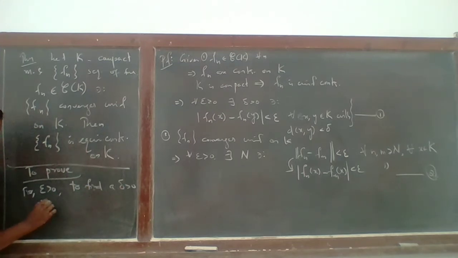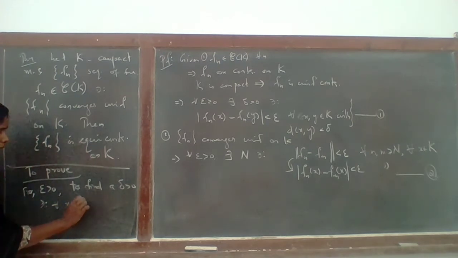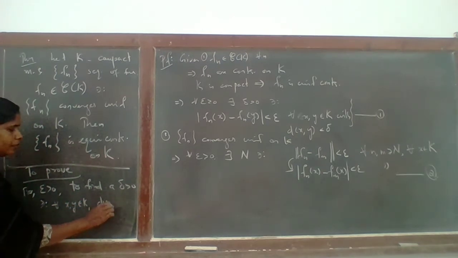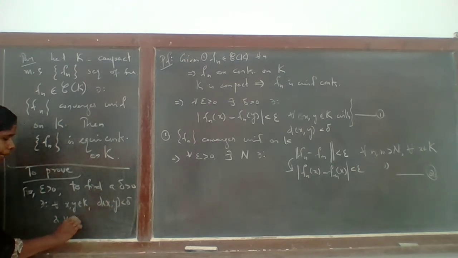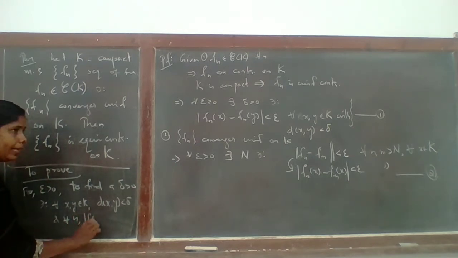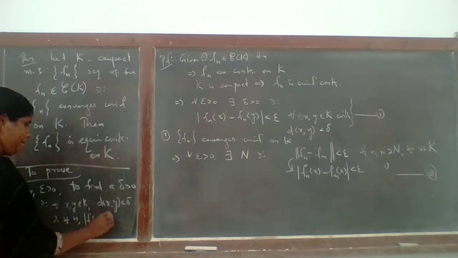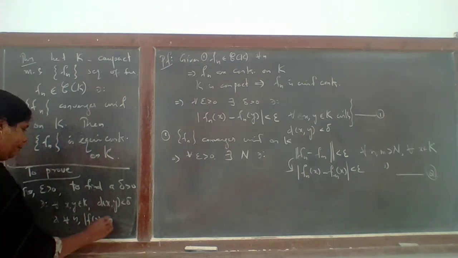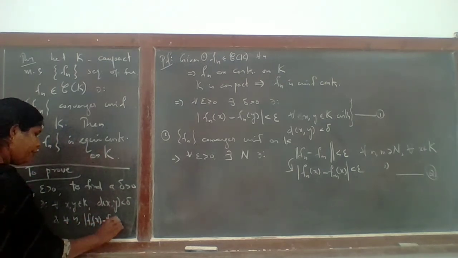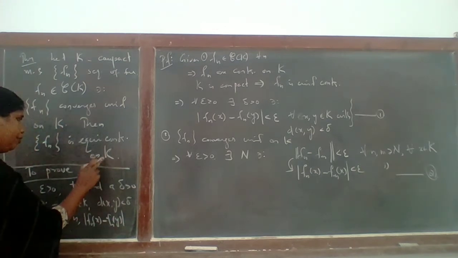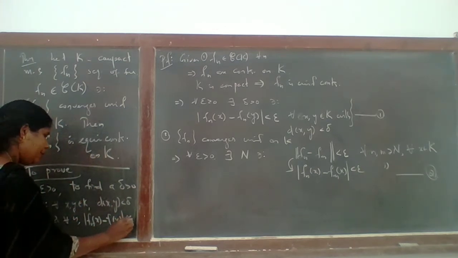such that for all x, y in K with d(x,y) less than delta, and for all n, we must get modulus of Fn x minus Fn y less than epsilon.